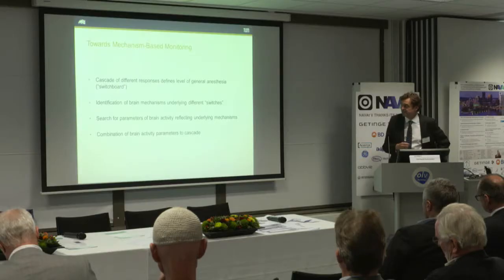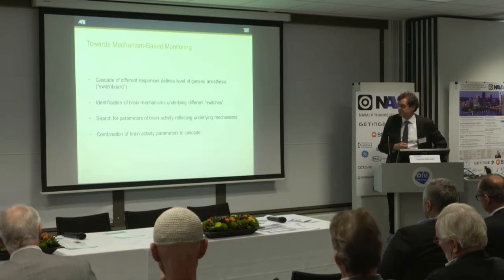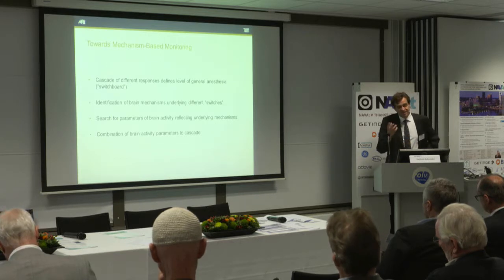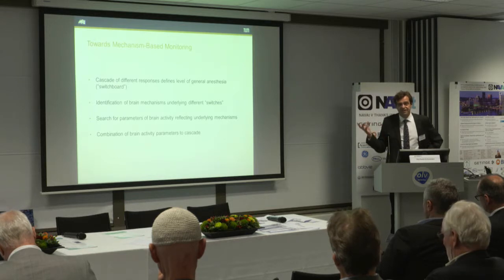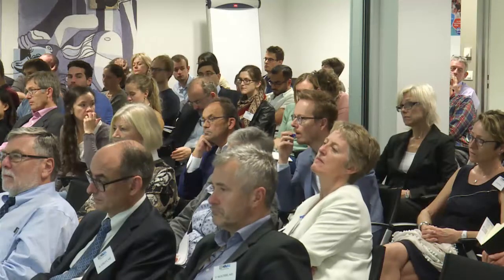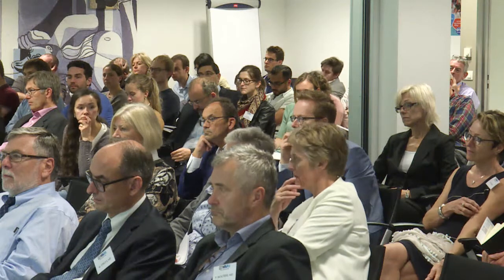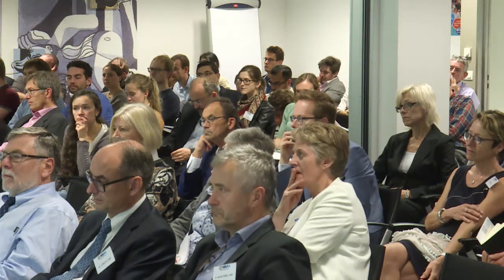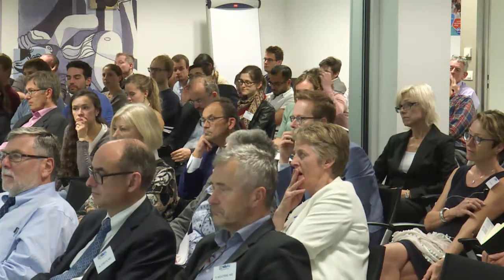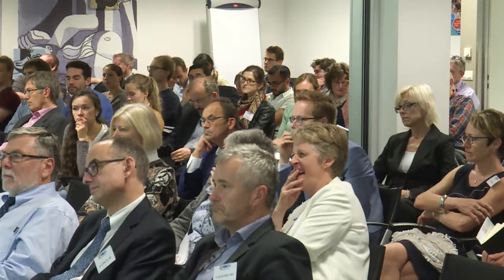And it's important to identify the brain mechanisms underlying different switches. We are just there where we have most likely identified the switch for consciousness and unconsciousness, but there is a long road to define more of these switches.